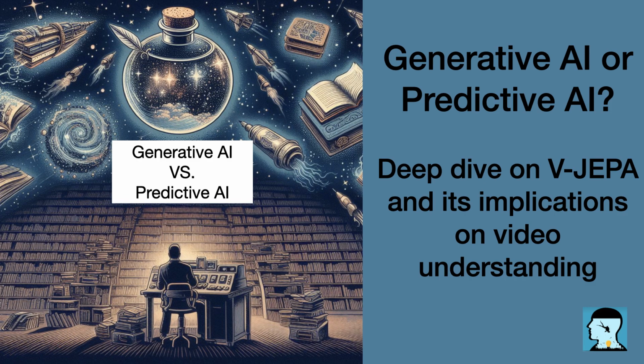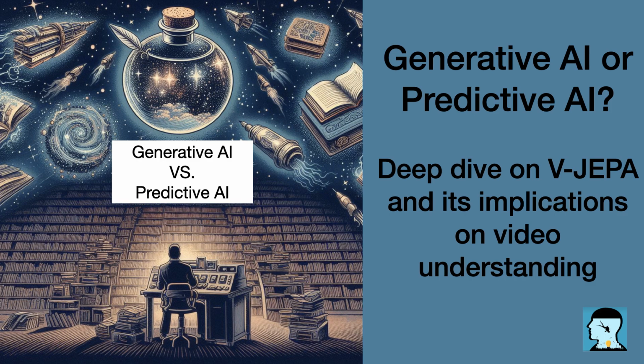This technique involves concealing specific portions of the input video clip and training the network to predict the missing content. The network accomplishes this by analyzing the visible sections of the clip and leveraging its understanding of the video's temporal and spatial structure. The specific algorithm used in V-JEPA's masked image modeling is a transformer architecture.